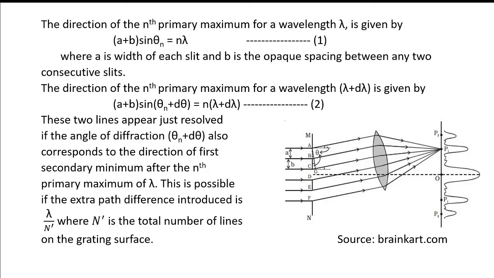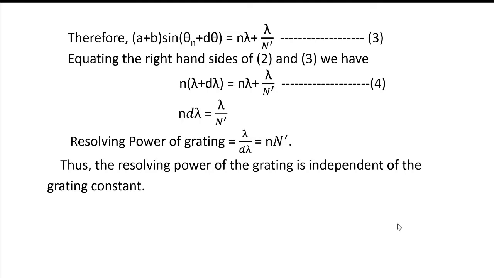This is possible if the extra path difference introduced is lambda divided by n dash, where n dash is the total number of lines on the grating surface. Therefore, we have (a plus b) sin (theta n plus d theta) is equal to n lambda plus lambda divided by n dash. This is equation 3.